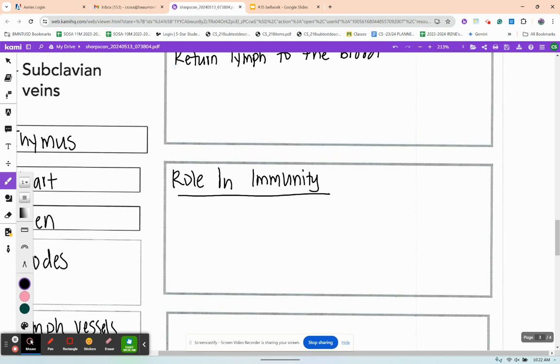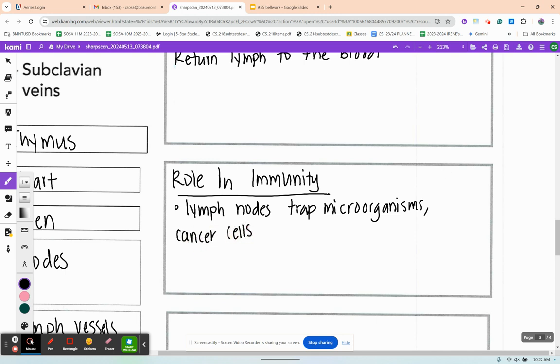So they trap microorganisms, cancer cells sometimes, and debris.